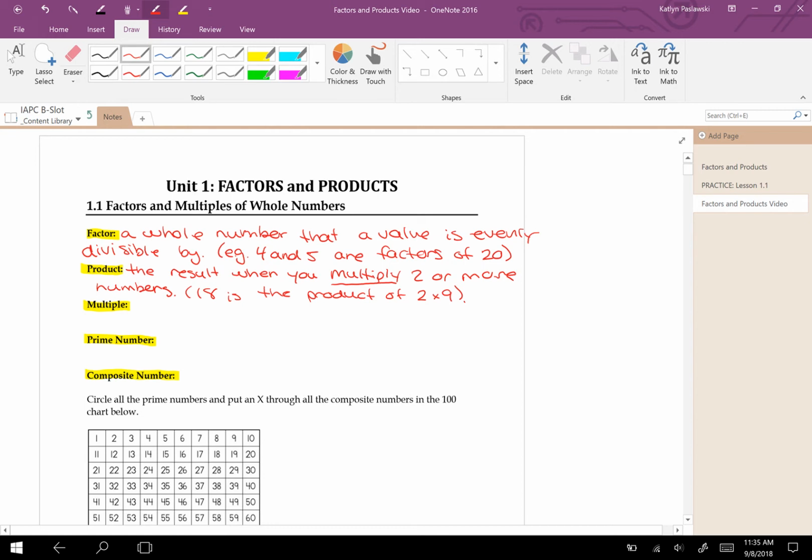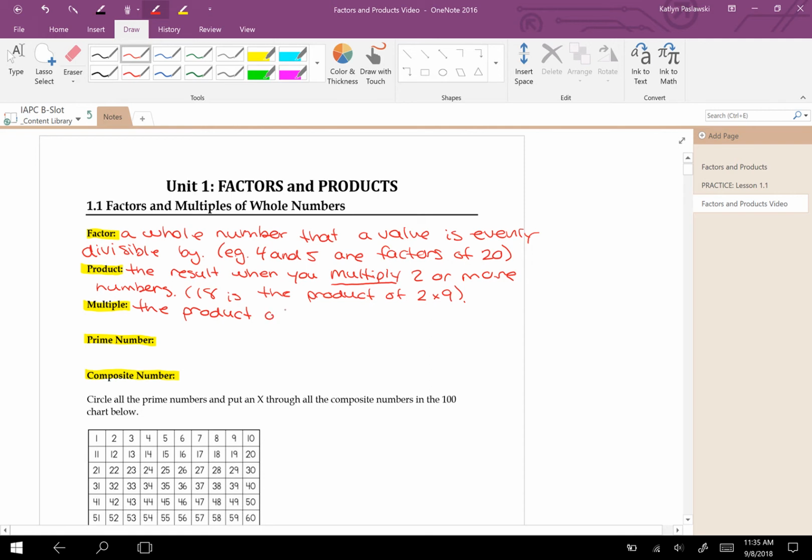Now think of multiple. You could probably think of multiples of 2: 2, 4, 6, 8, and so on. So how can we put that into a definition? We have the product, and remembering that product means the result of 2 or more numbers when you multiply them.